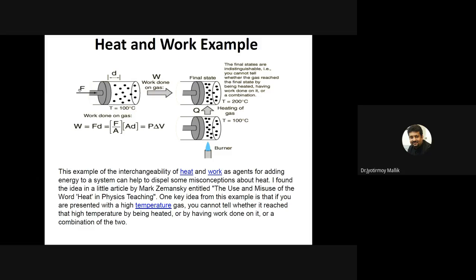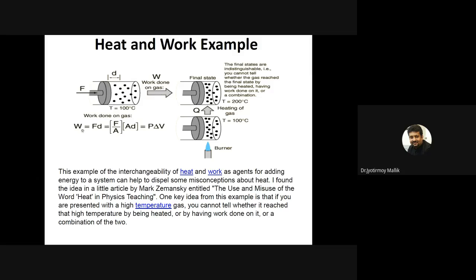Say, for example, I have a piston filled with gas, and I am pushing that piston with a force F through a distance d. This is my initial state, and after the piston travels a distance d, I see that the temperature has risen from 100 degrees centigrade to 200 degrees centigrade.